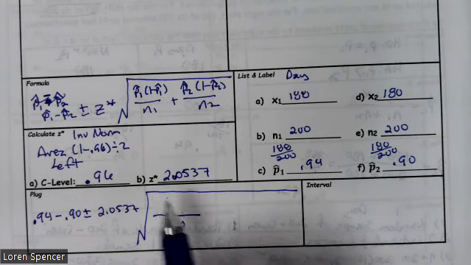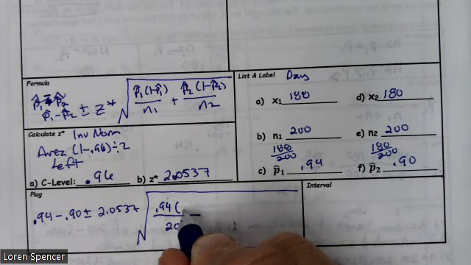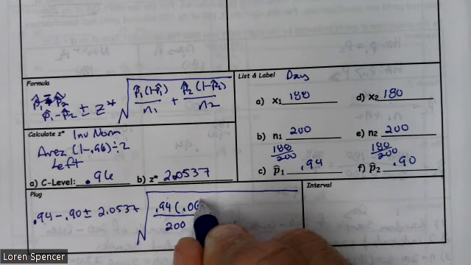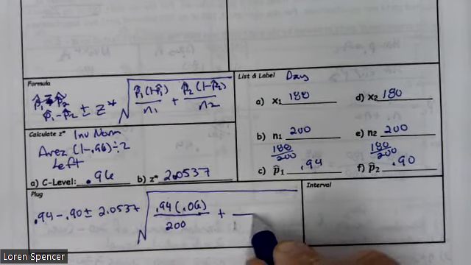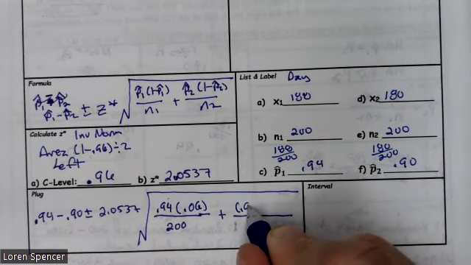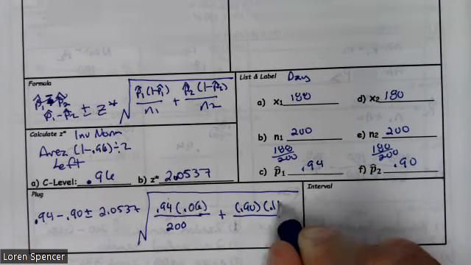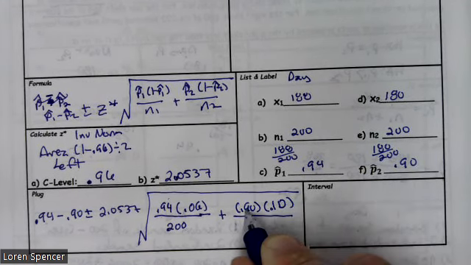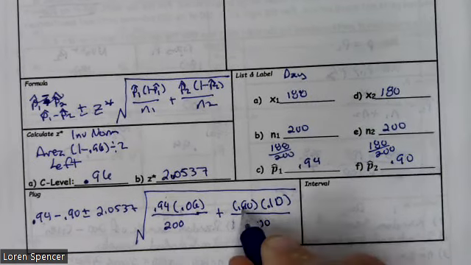Well, P hat 1 again is 0.94 times 1 minus that is 0.06. Plus 0.90. That's P hat 2. 1 minus that is 0.10. 0.90 times 0.10. And then that's over 200.